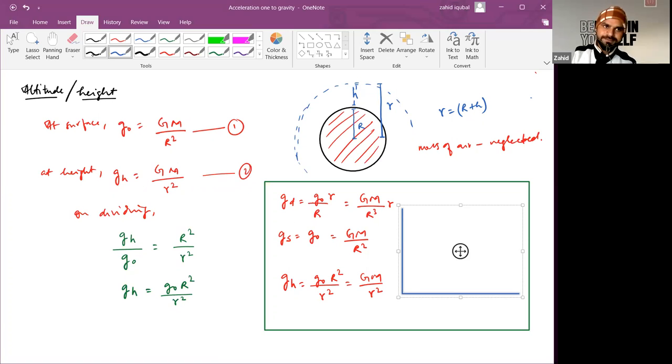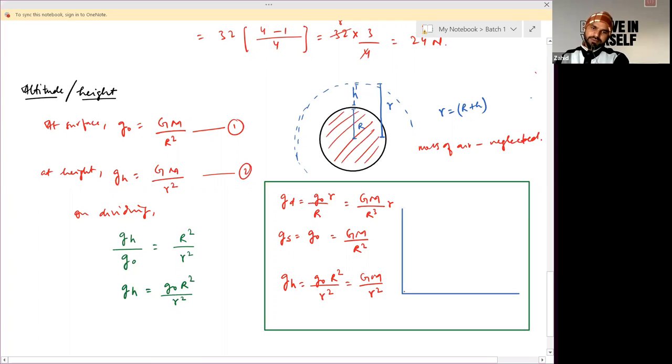So in this part, from the center to the surface, gravity is increasing linearly till the surface, when small r equals capital R, having its maximum value.